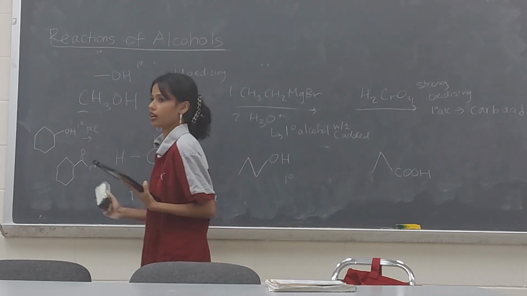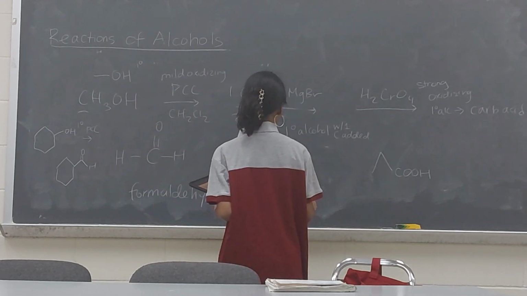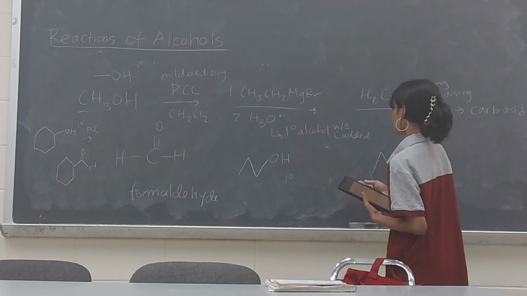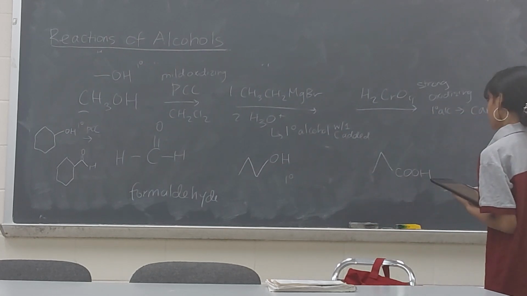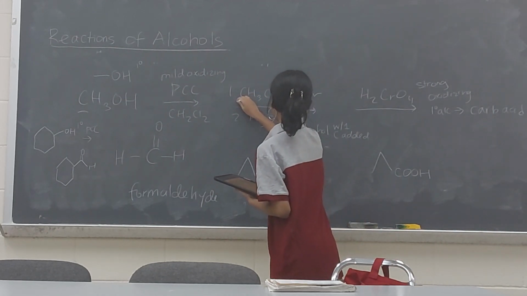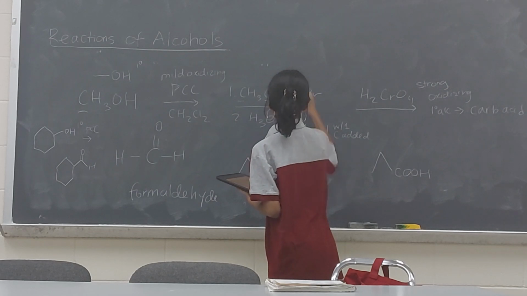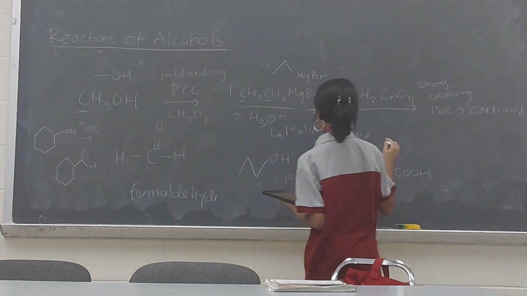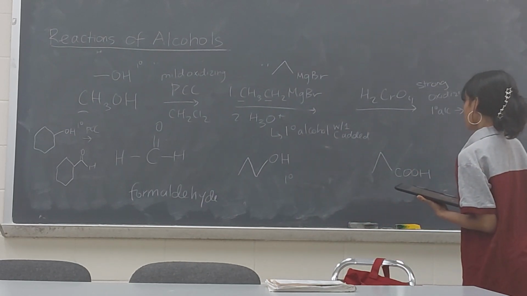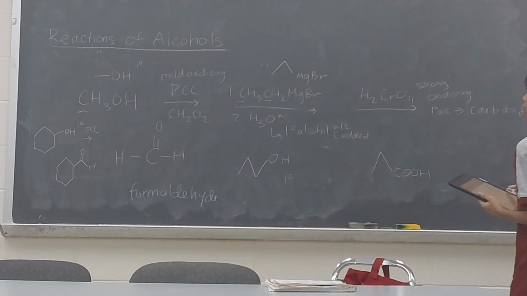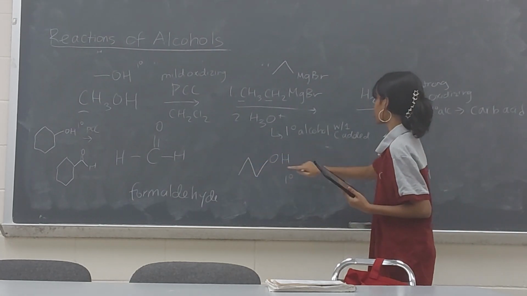I have a question. From the second step to the third step, you wrote that only one carbon is gonna be added, but I see two carbons added. One carbon's added to the Grignard. So this Grignard has 1, 2. And then do we add the formaldehyde to that? The formaldehyde to the Grignard?